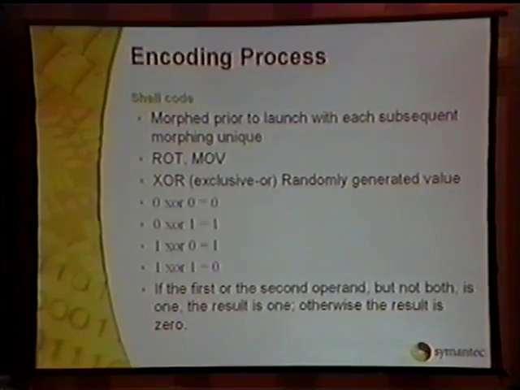Some methods used within the polymorphing come from assembly language, where you can have rotates, you can have moves, you can have left rotates, right rotates, which rotate binary data. The move basically makes a copy of the source and stores it into a different value. And also a big key here is the XOR.